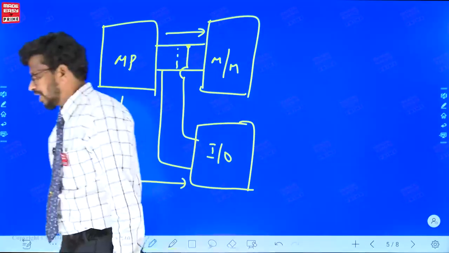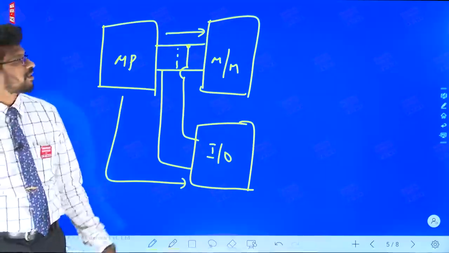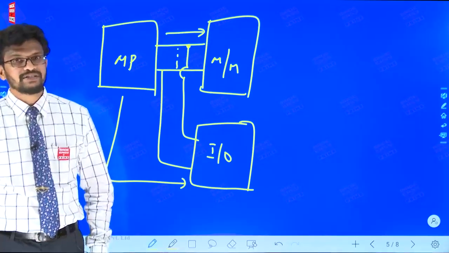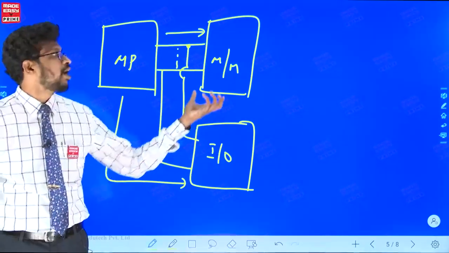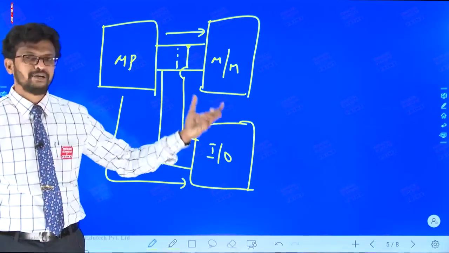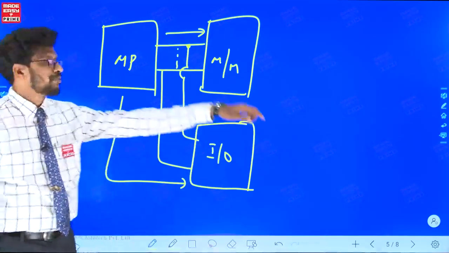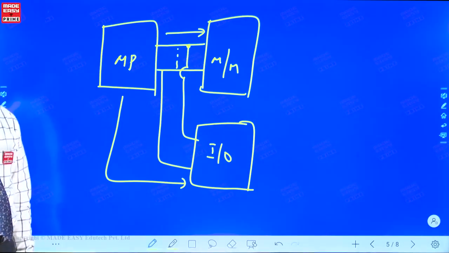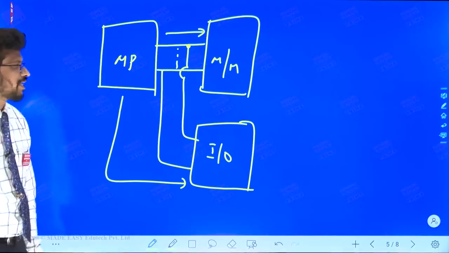Now let us consider some concepts of memory. Before going to the data bus, let us understand how much memory can be connected. The second point we have discussed is how much memory can be connected to a particular microprocessor. We shall see what kind of memory that is.